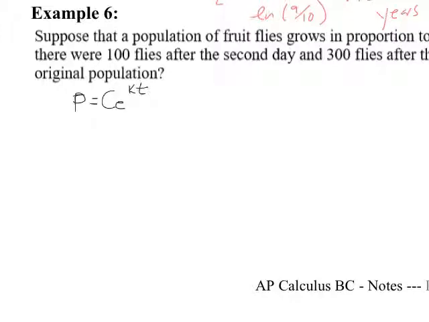We don't know the initial value, but we do know that there are two different possibilities, one where we wind up with 300 population and one where we end up with 100 population. And it takes 4 days to get to the 300, and it takes 2 days to get to the 100.